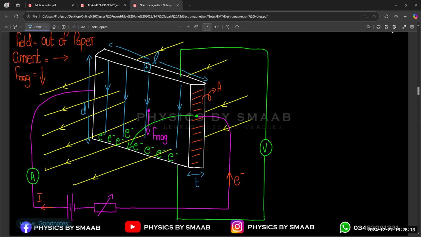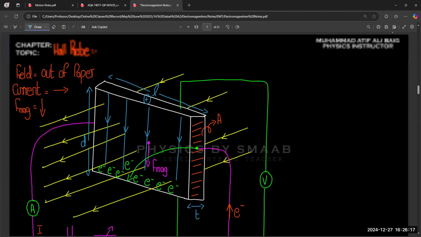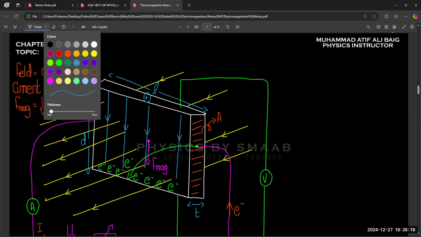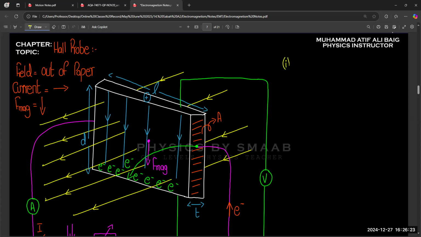So now, if we write some points related to the Hall probe. First of all, we can say: initially, electrons deflect downward.